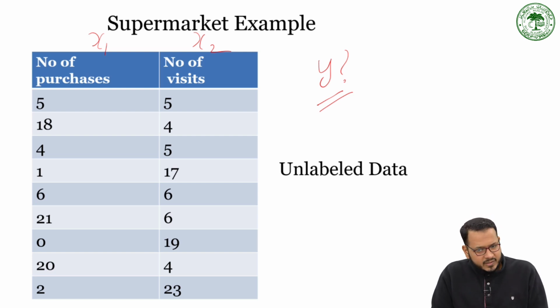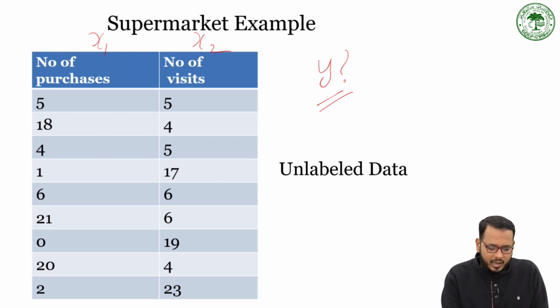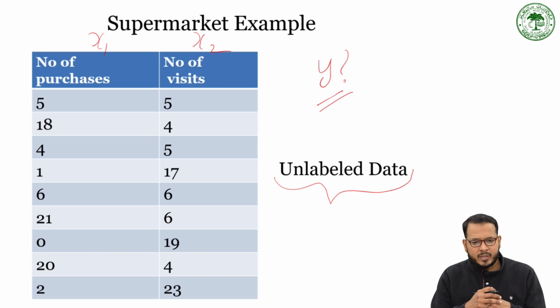Now this specific data is an unlabeled data set. Once again, let me remind you why: because we have only x values, but we do not have any corresponding y column. But can we fetch some useful insights out of this data? Let's see.